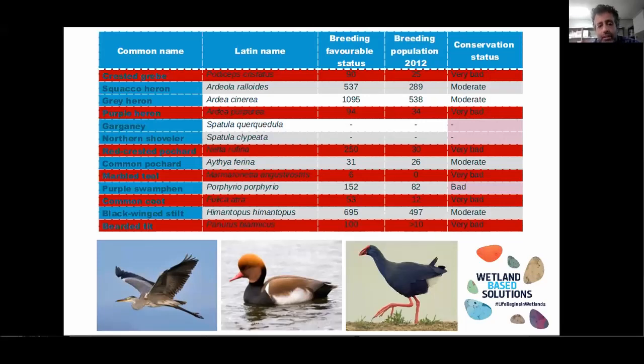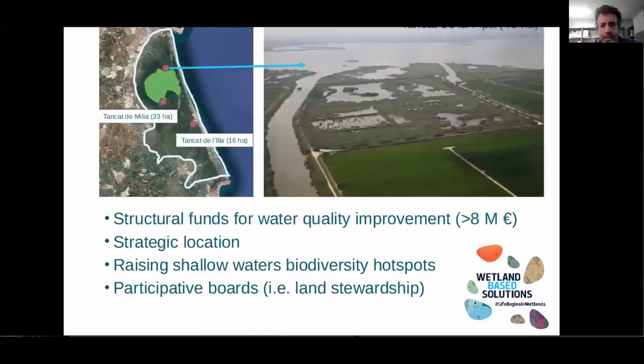Because if we take care on which species are in unfavorable conservation status in Albufera, talking about birds, you will see that mainly these birds that are strictly related with coastal lagoons, and of course on water quality, are those who are in a worse conservation situation. So this is the focus, to recover the habitat availability for them, and also water quality.